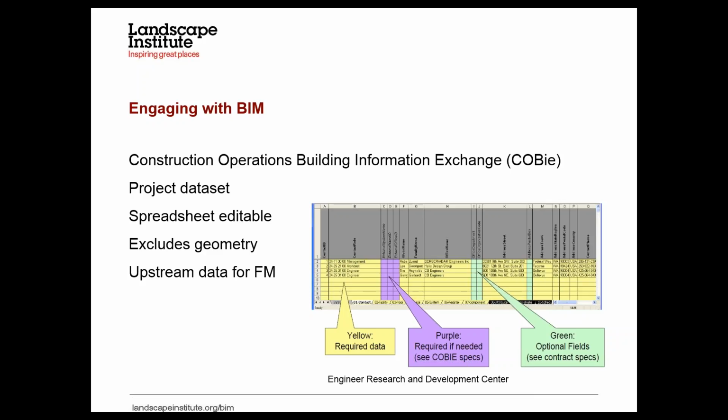So whilst COBie is a deliverable and may be specified on some government projects, you really need to talk to the client about what they require for facilities management, what format of information they require in what structure and what standards, so that you can meet that, and that may have nothing to do with COBie as a deliverable. So whilst it's a government deliverable, it may not necessarily be a deliverable on most projects. In fact, most people I talk to on a BIM project don't actually deliver COBie.